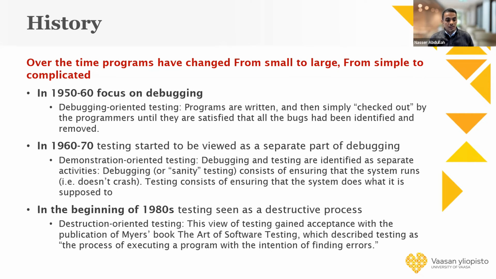In the third period, which is in the beginning of the 80s, they started to apply what we call the destructive approach. In this destructive approach, they test the software not only with valid input, but also with invalid input, and then we see the response of the system.